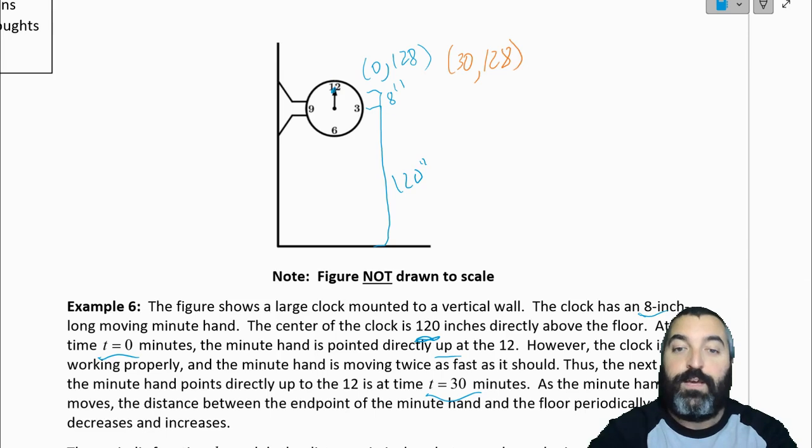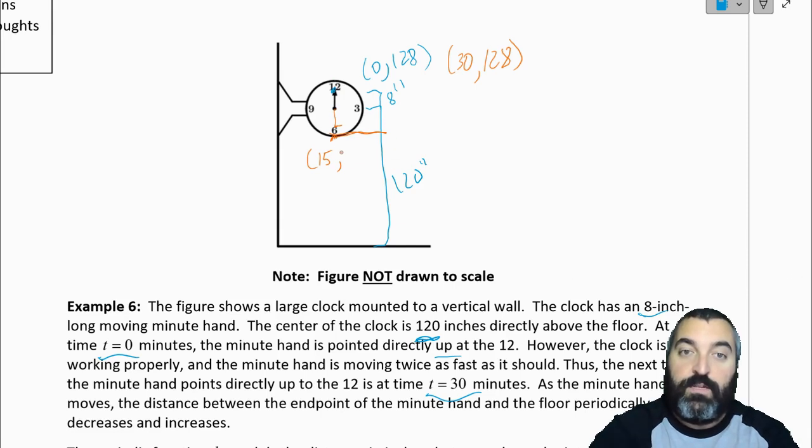So it's back pointing up at 30 minutes, which means halfway, at 15 minutes, we are pointing straight down. Well, again, this is 8 inches down from 120, so we would just do 120 minus 8, and that would give us 112.